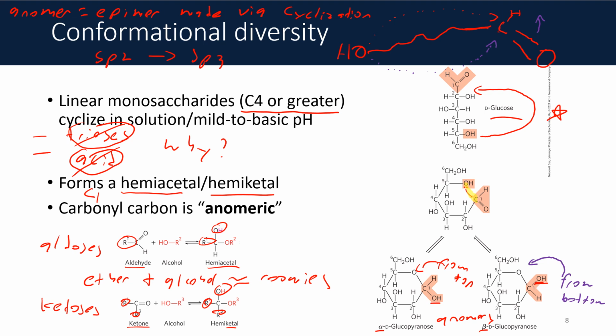For some reason, I have a very hard time remembering that alpha anomers have the hydroxyl pointing down below the plane of the ring, and beta, it's pointing up. So I had to come up with a trick that I'm happy to share with you. I want you to think beta balloons.